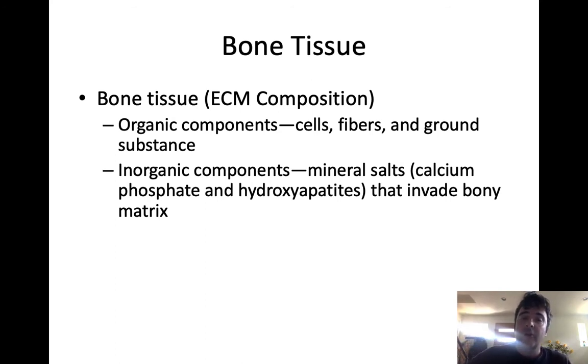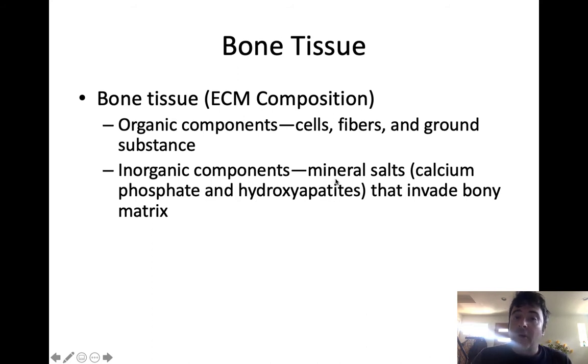The extracellular matrix of bone consists of two components. We have organic components and inorganic components. Now, the organic components are things like cells, fibers, and ground substance. We're going to draw our focal point to collagen fibers. So we're going to talk about collagen fibers with respect to the characteristics or properties of bone.